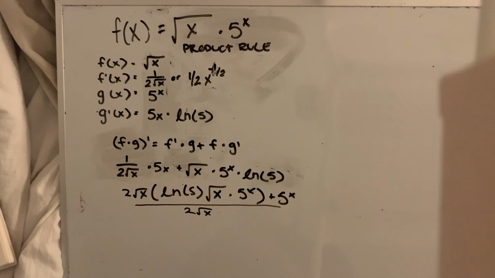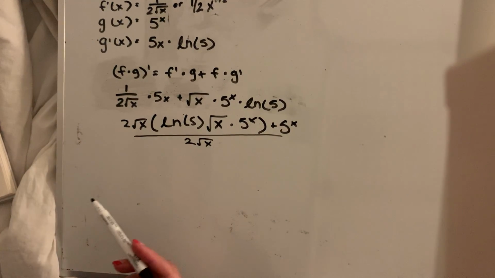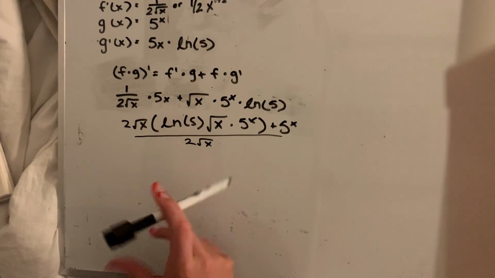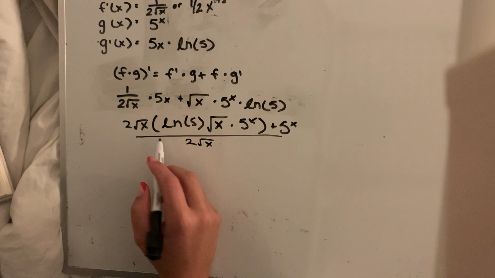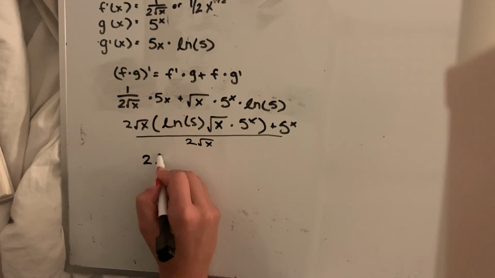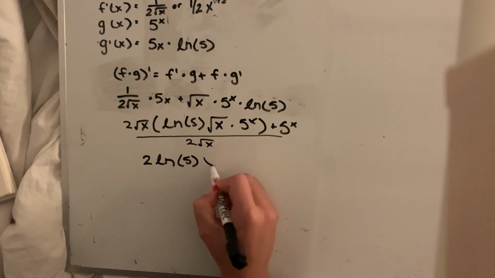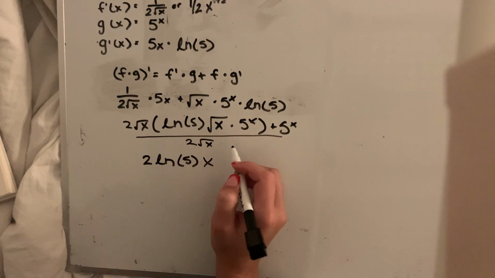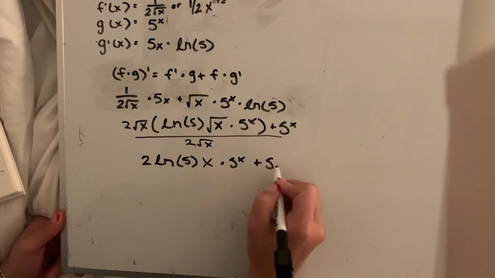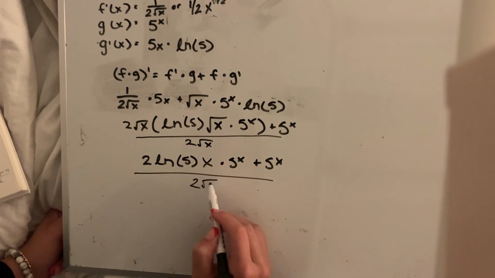And then I would take the equation and go through it to simplify it even more, which would then be 2 ln 5 times x, because that square root goes away, times 5^x plus 5^x over 2 square root of x.